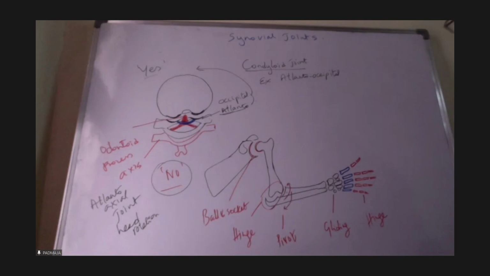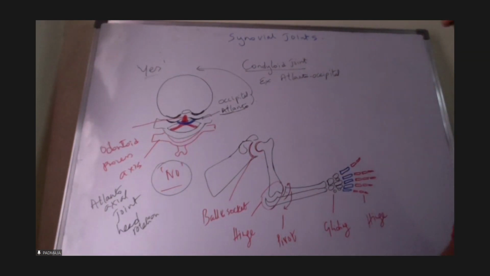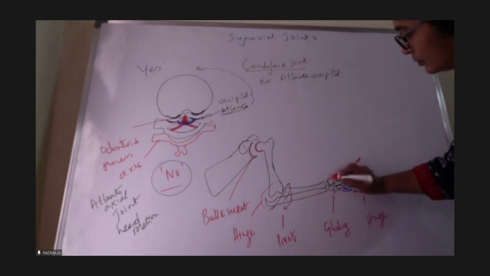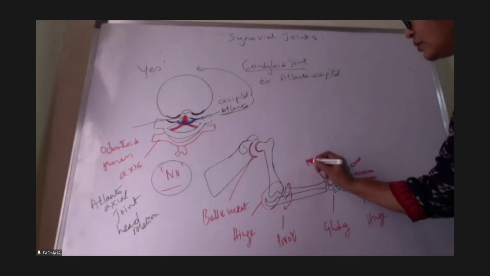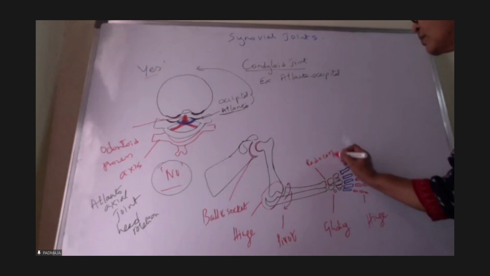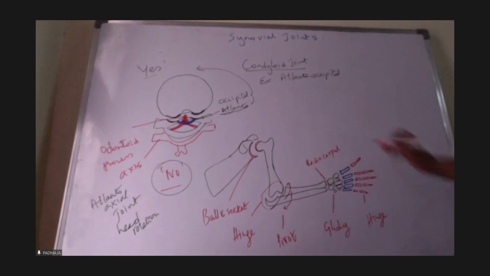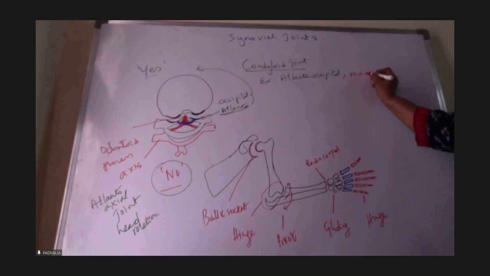So another example here, this one, radiocarpal. Write another example here for condyloid joint, that is radiocarpal.